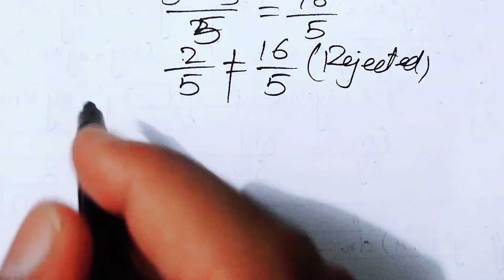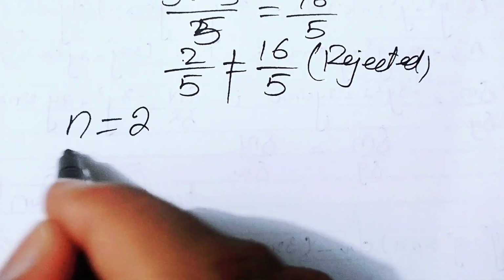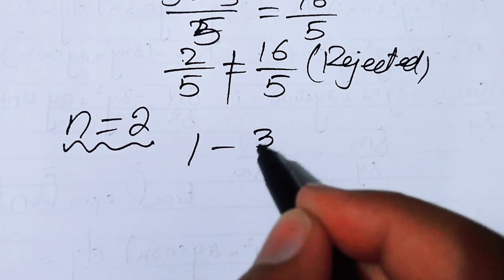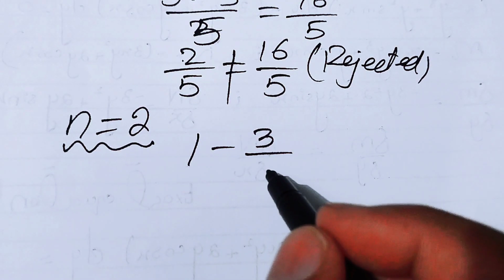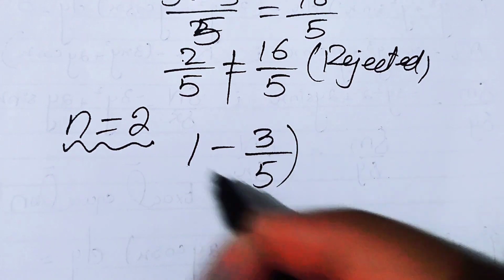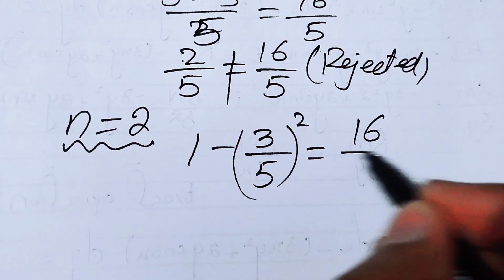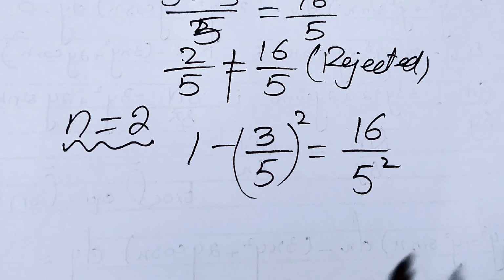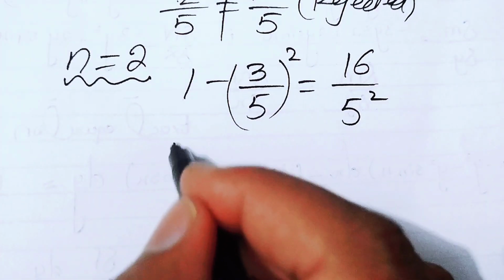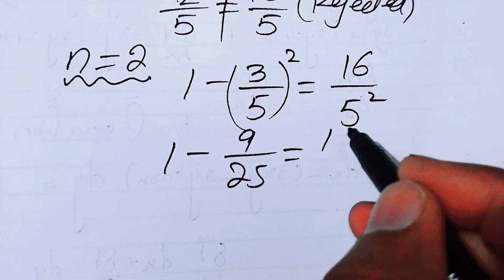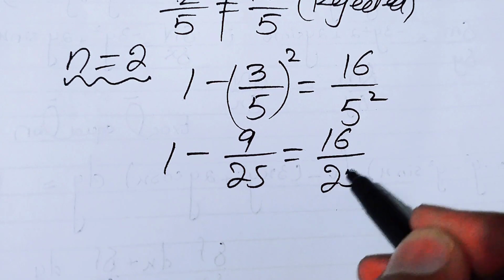Now we check at n is equal to 2, and you see that we have 1 minus (3/5)^2 is equal to 16/5^2. And here you see that we get 1 minus 9/25 is equal to 16/25.